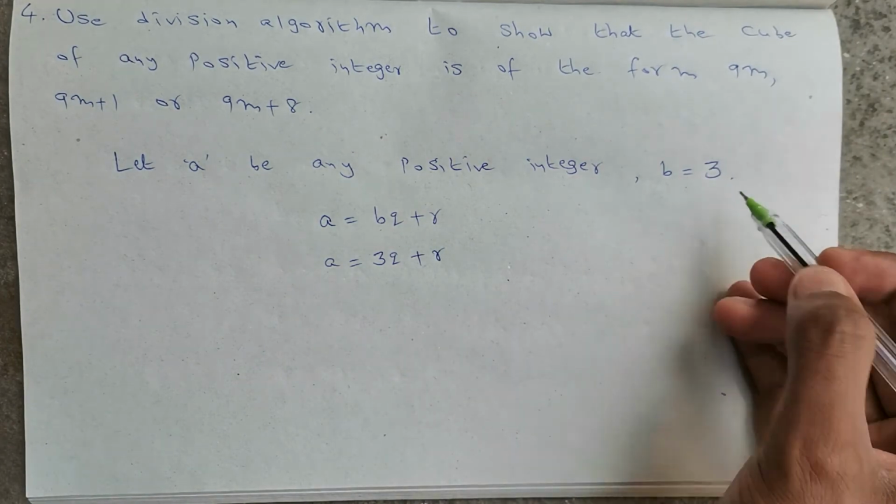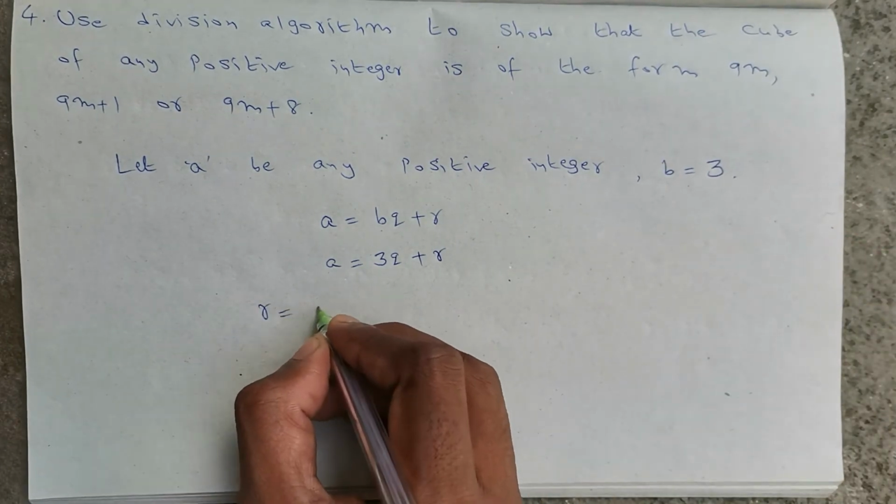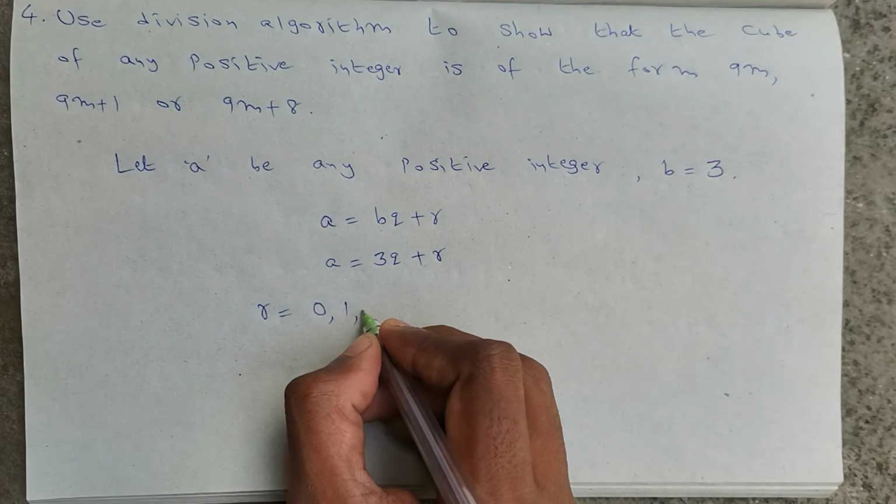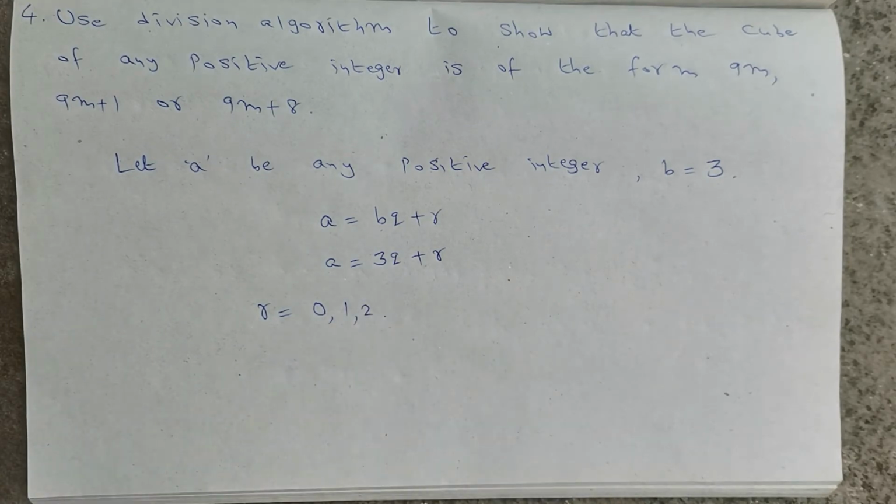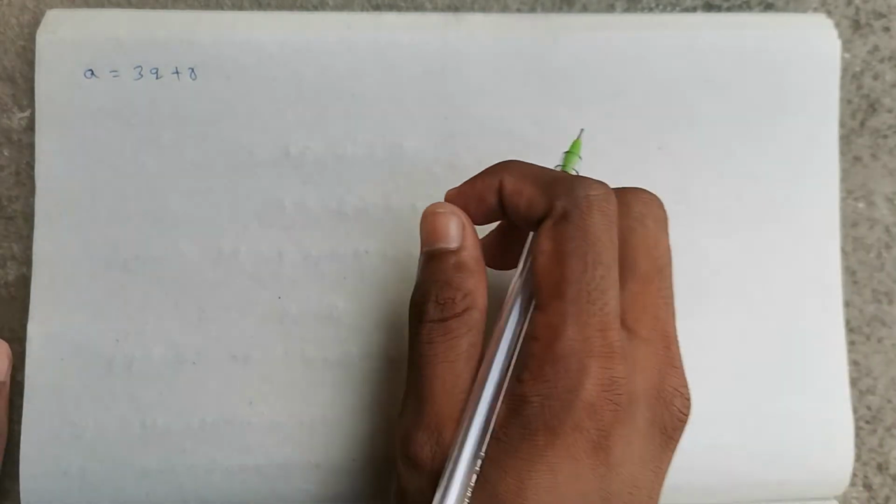So if the b value is 3, then what are the possible remainders? 0, 1 and 2. So now let us substitute one by one number in the place of r and find it out. We have a equals 3q plus r. So first remainder 0 I will substitute.